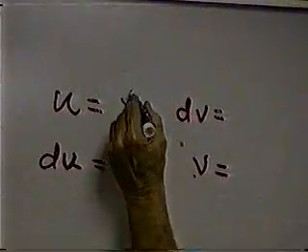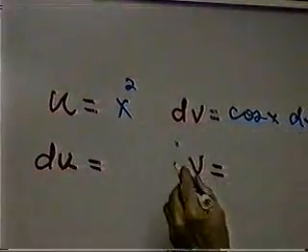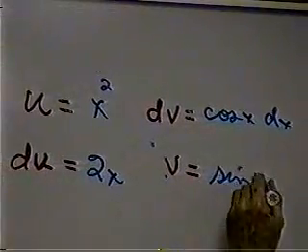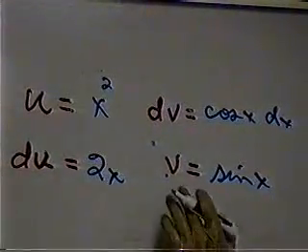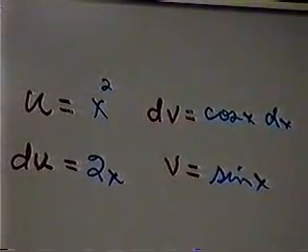Algebra is first, trig is next. The derivative of this is 2x. Integration of this is positive sine of x. All right. So now let's go substitute in the problem.